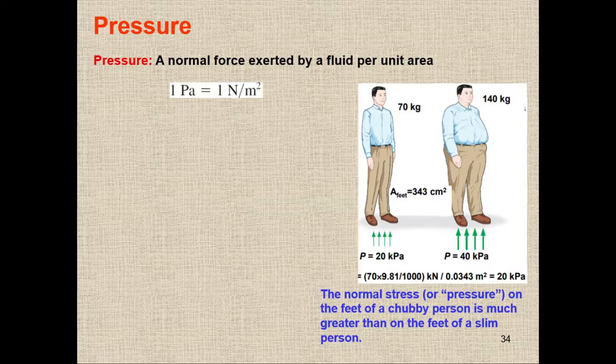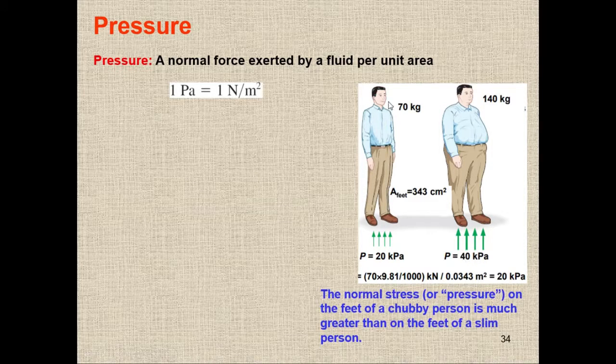Now if I check the pressure on this area, it will be the mass times 9.81 to get the weight, which is the force, divided by this area. Here the force is higher, so you will get the higher pressure.